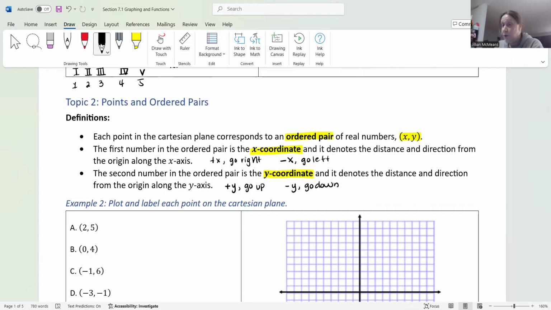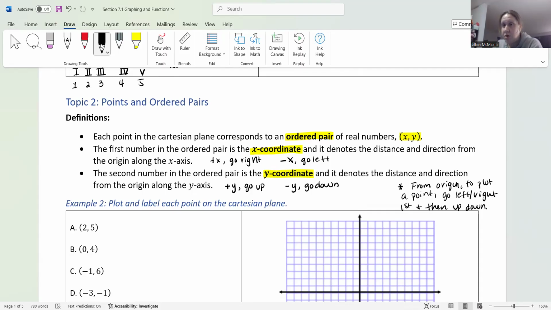You want to move left, right first, then up, down, okay? So from the origin to plot a point, go left, right first, and then up, down. And I'll show you what I mean by that in just a bit.